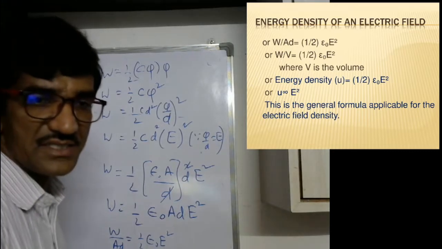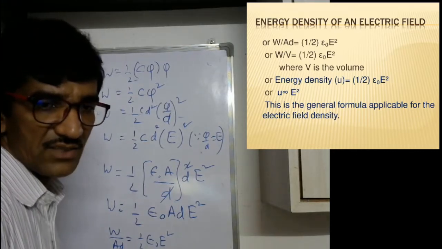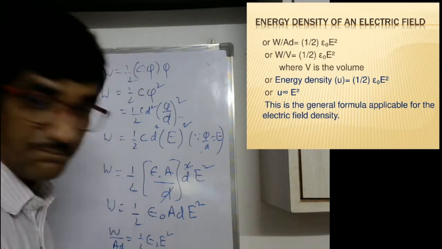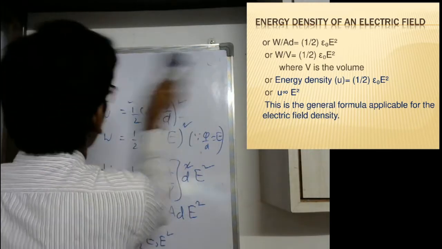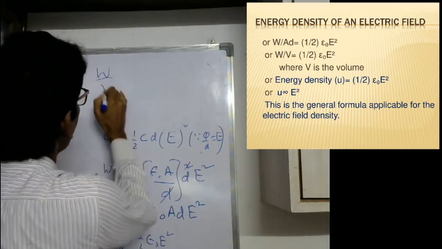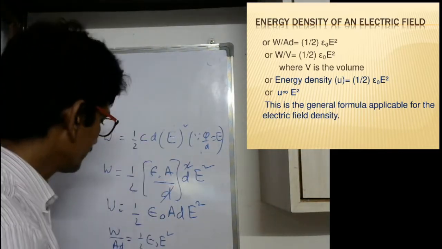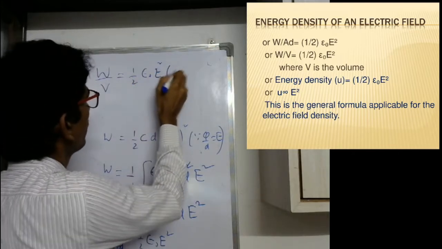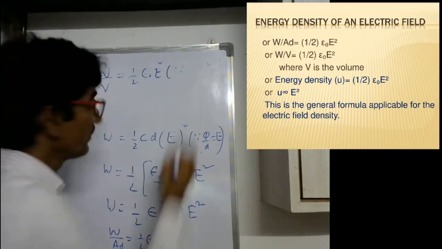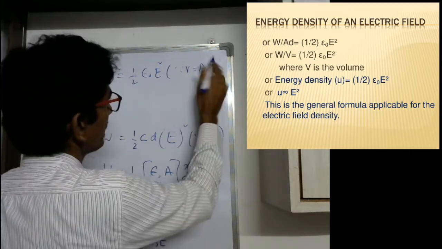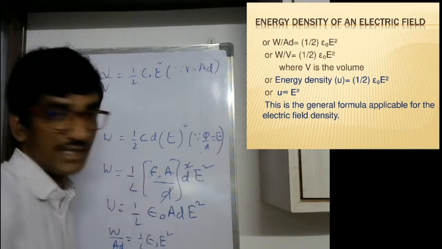Area into distance, area into length, is the volume. This is energy. Therefore, I am writing W by V is equal to half epsilon naught E square, because V is equal to volume, which is area into distance.